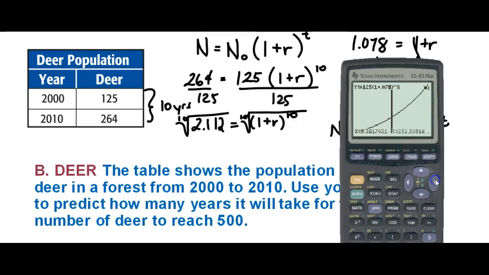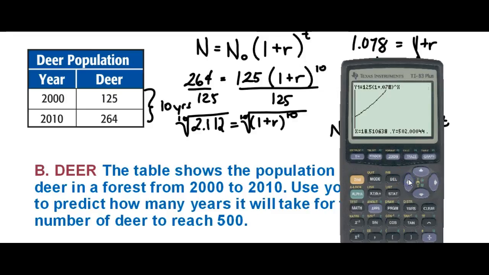Sorry, it's taking a while here to get to 500, but I'm just looking for when this y value reaches 500. We're at about 300 now, and keep tracing, almost there.